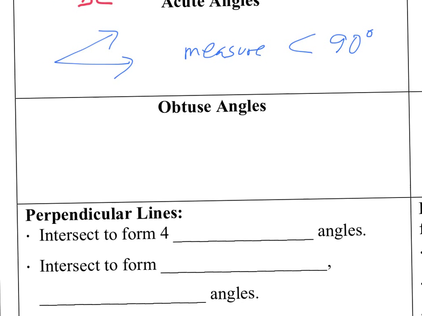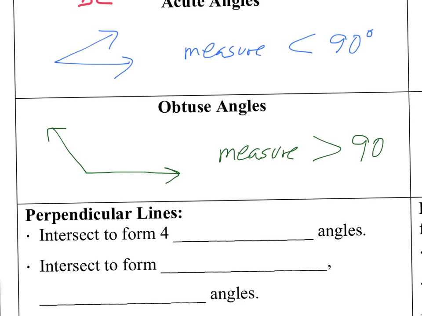Probably all review for you here. An obtuse angle, there would be an example of an obtuse angle. It's going to have a measure greater than 90 degrees.